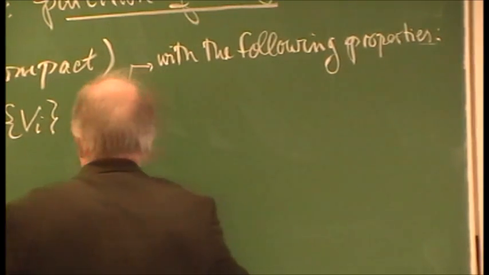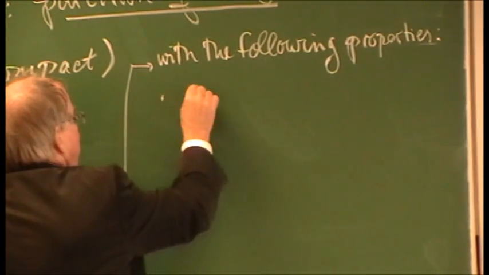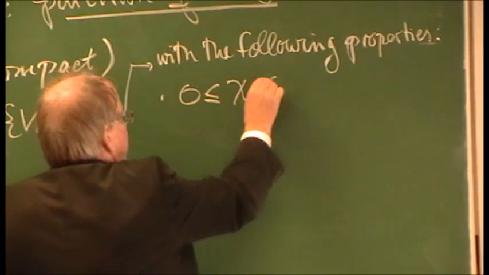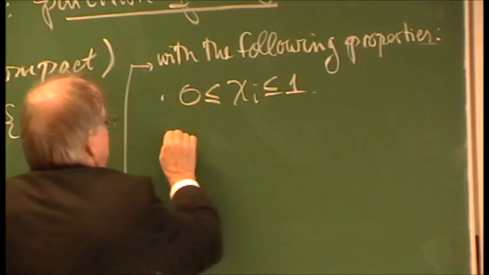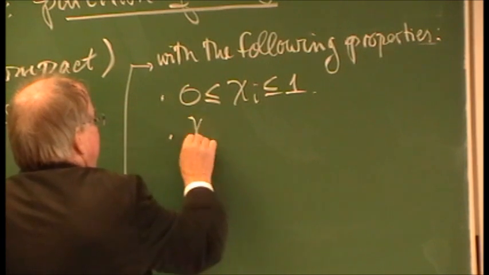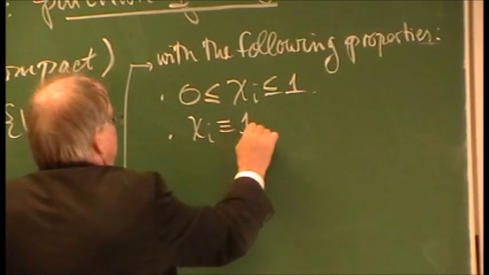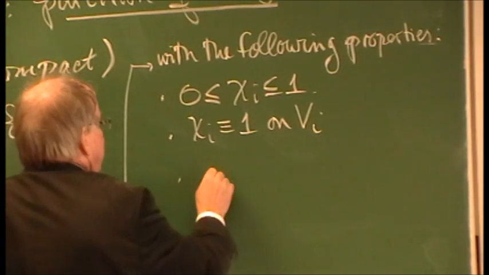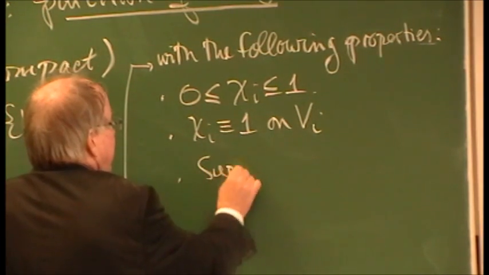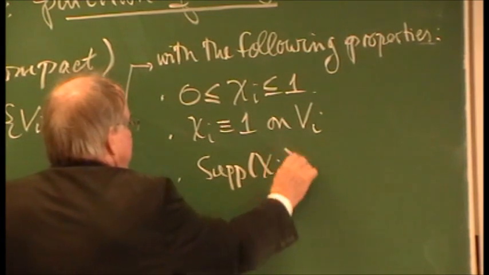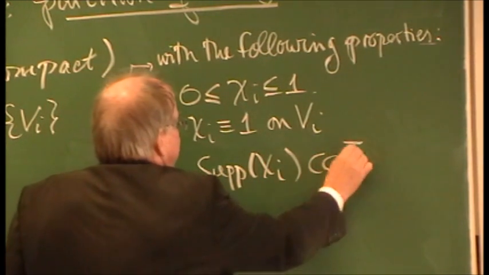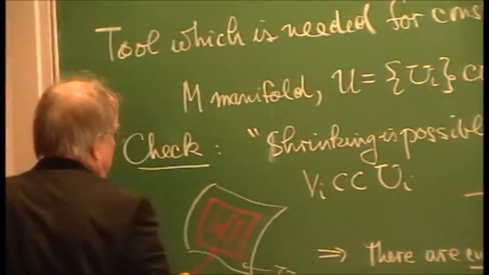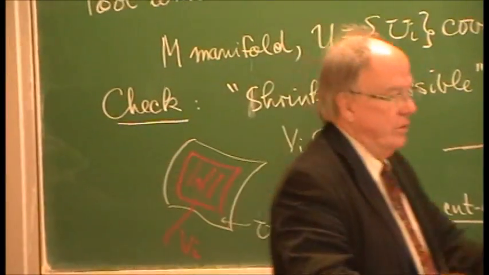It's easy to check. First of all, they lie between 0 and 1, so they're non-negative functions. And chi_i is identically 1 on V_i, and the support of chi_i, where it's not equal to 0, is compact in U_i. So near the boundary, these functions out here are 0. So near the boundary, they're 0.